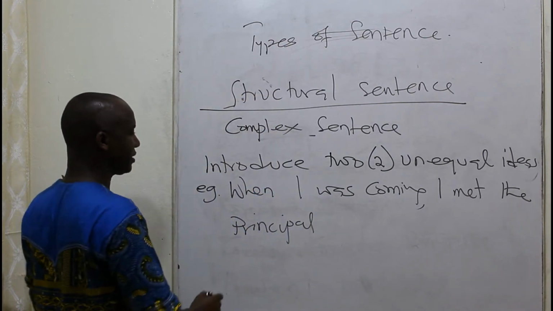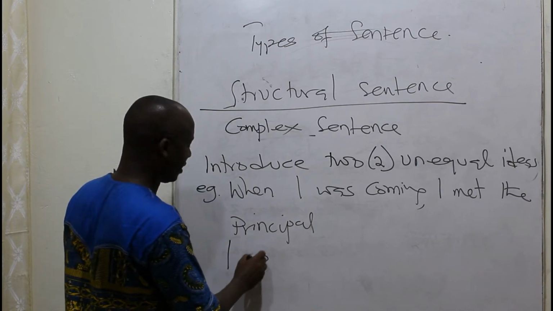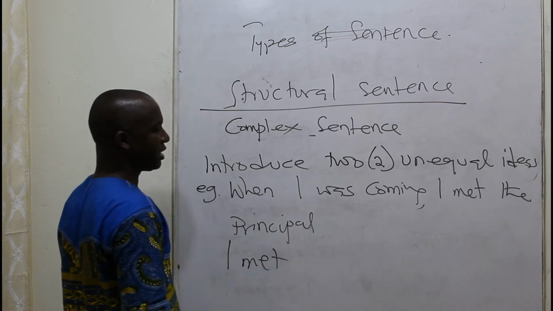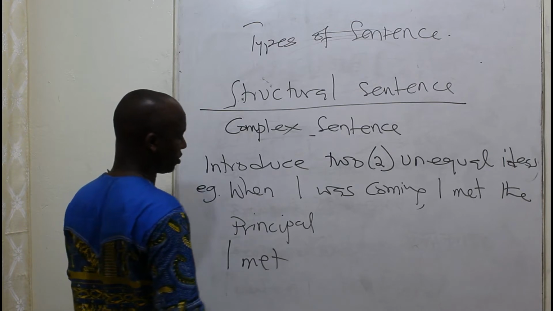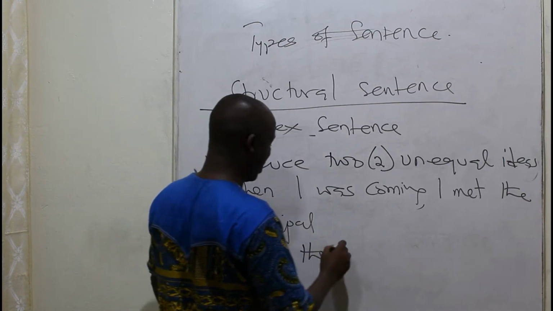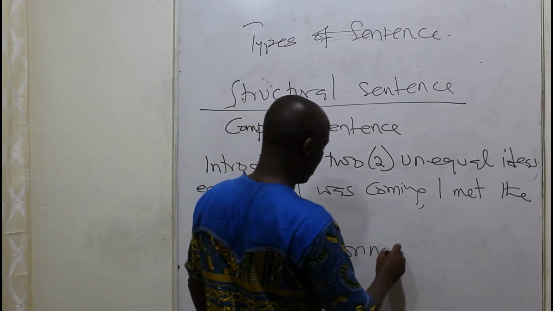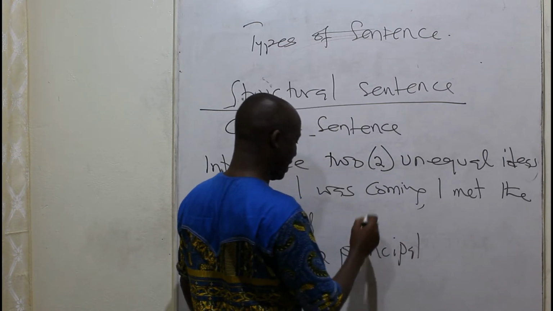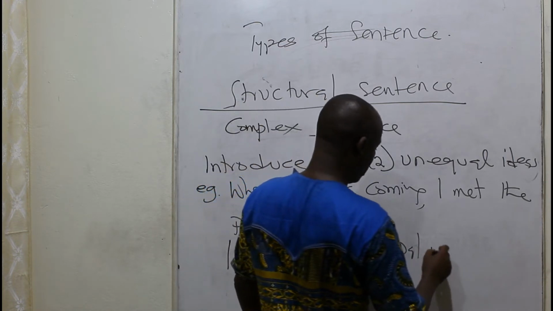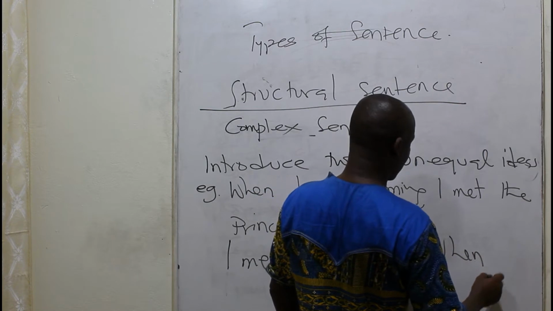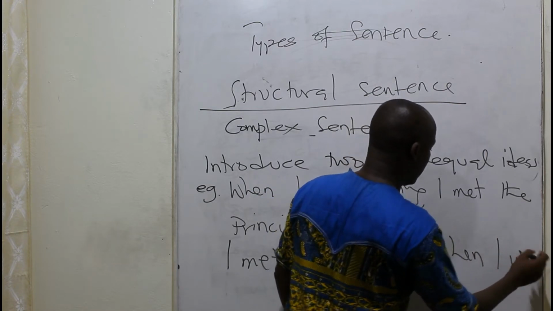But if you write it this way, beginning with the main idea or the main clause, I met the principal, without bringing any comma in the middle, but the subordinating conjunction is there.